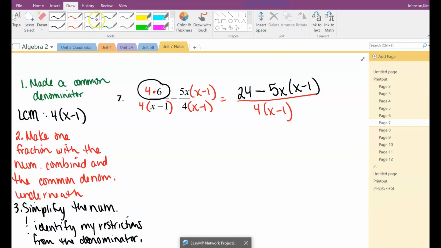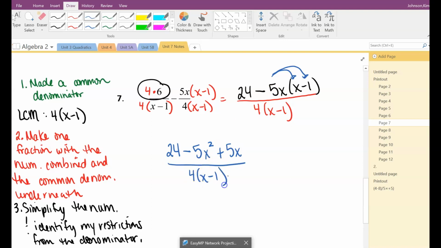So for my numerator, I have the expression 24 minus 5x squared. If I distribute a negative 5x to a negative 1, that's going to be a positive 5x. And then that's all over 4 times the quantity x minus 1.